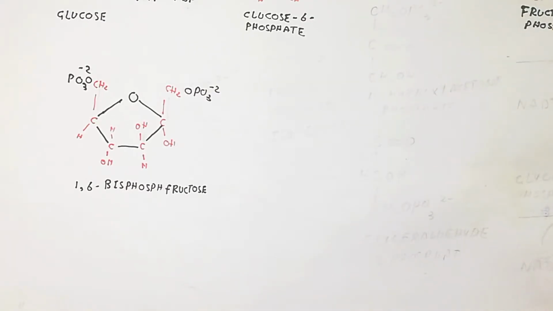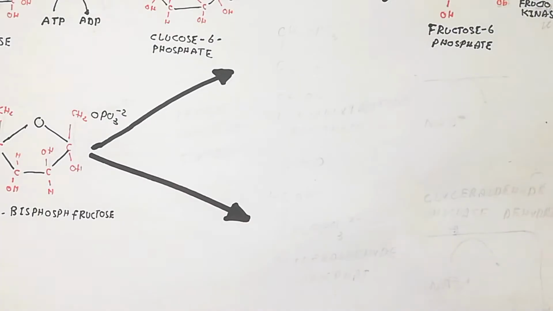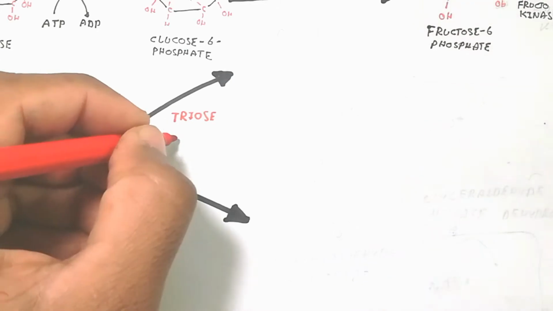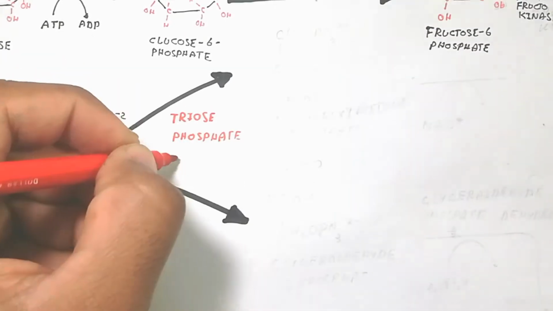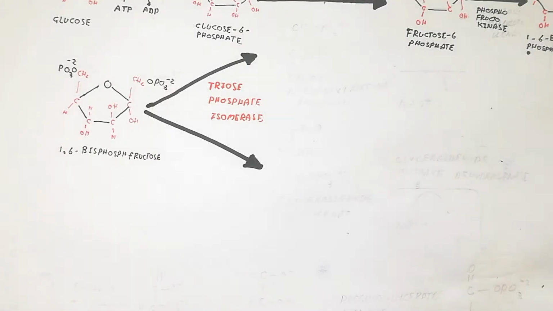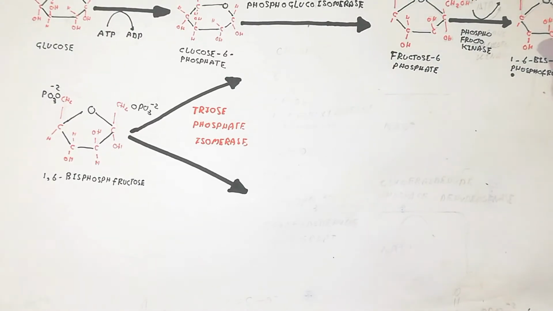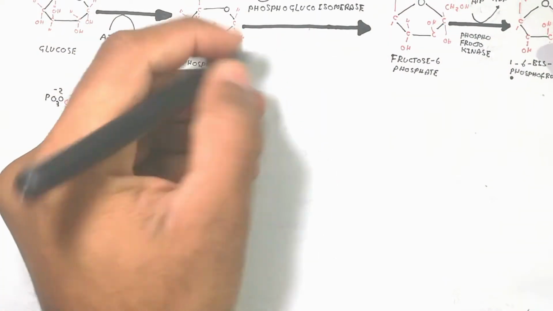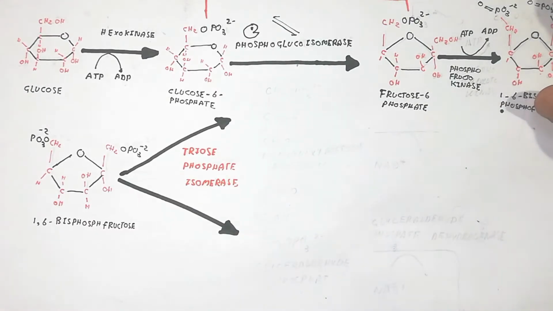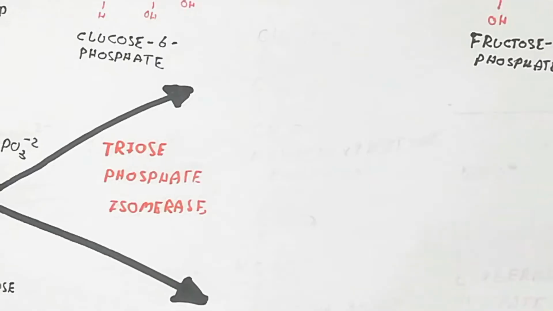Now we can understand by the equation. Here I will draw the structure of dihydroxyacetone phosphate. Here is the triose phosphate isomerase enzyme, which is used to convert the two molecules. The two molecules are the same, both basically have the same product, but now we will discuss a single molecule.